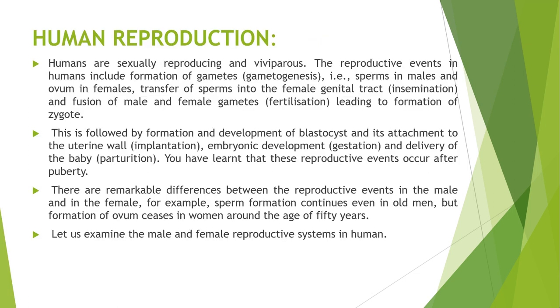First of all, to study human reproduction, there are some basic concepts related to humans. You know that humans are sexually reproducing organisms, and they are viviparous, because the fertilization occurs inside the body and the complete growth of the baby is inside the body, up to 9 months. Besides that, there are some other basic concepts.